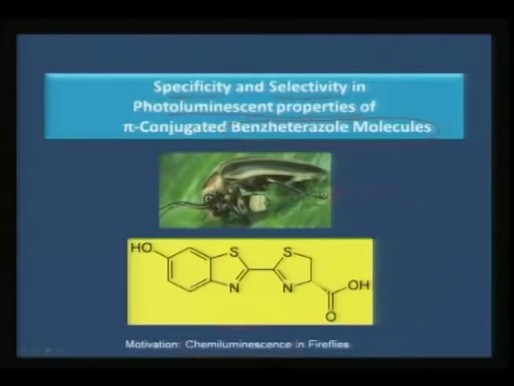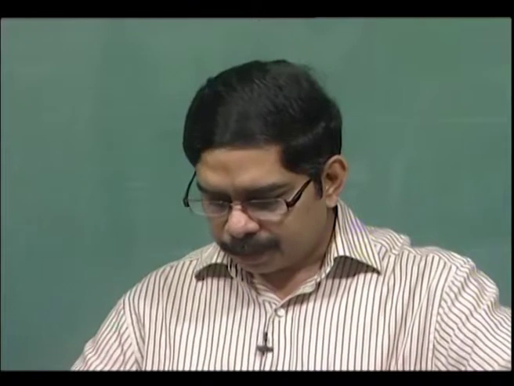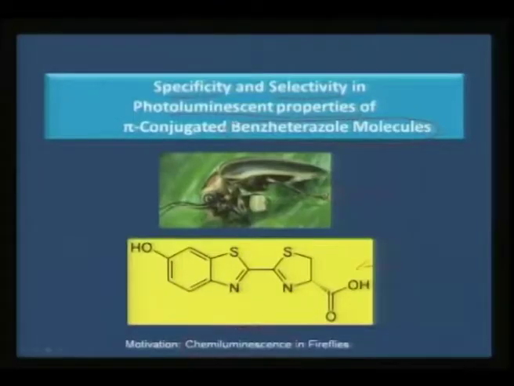When there is chemiluminescence, there is an oxidation reduction process which is going on, which actually is responsible for this light emission, and this is an enzyme catalyzed reaction. So, therefore, the enzyme is called luciferase, because it helps the molecule to glow.